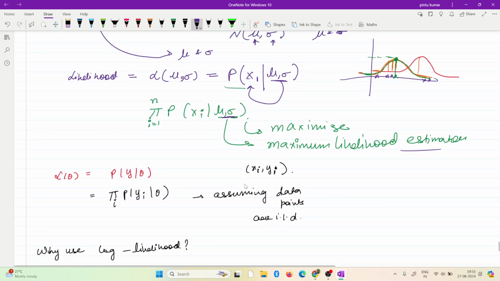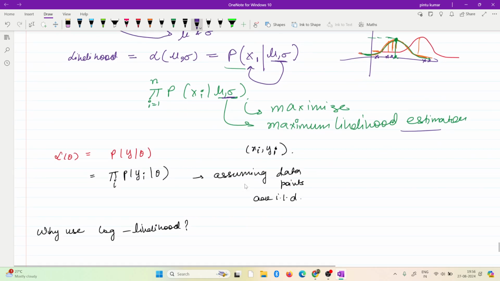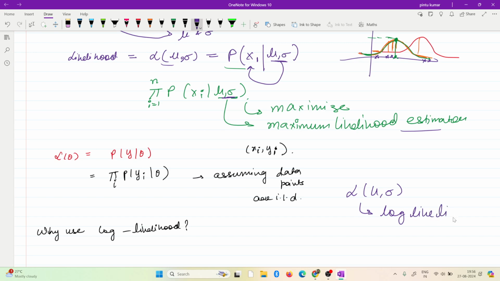One more thing I want to mention: if you watch lectures on the likelihood estimator, you will see many people saying this is my likelihood, I can replace it with log likelihood. What I mean by log likelihood is that rather than taking L of mu comma sigma, you take log of L of mu comma sigma.